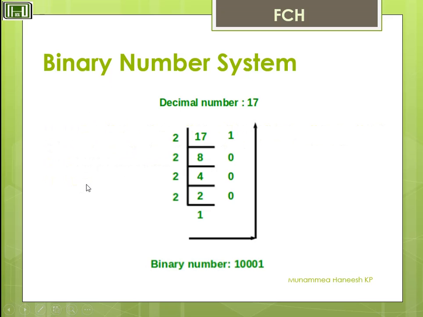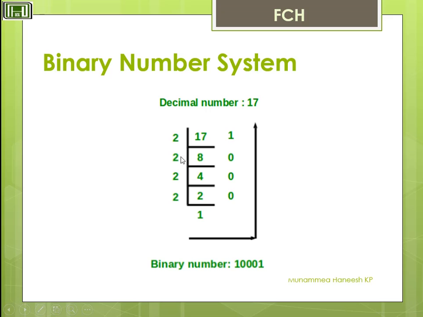Now how do we find the binary number corresponding to the decimal number? Here we have an example, 17. First you write the 17 here, then divide it by 2, you will get the result 8. Remainder you write here, 1.